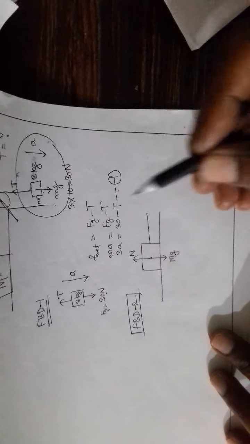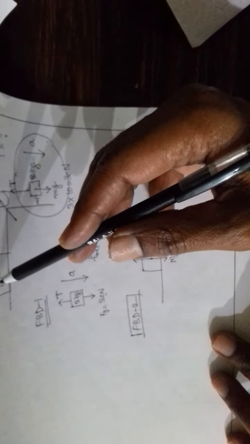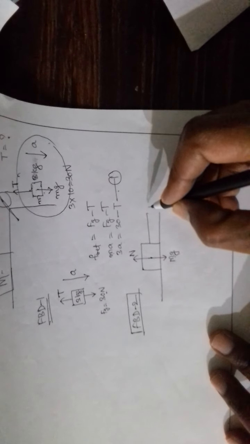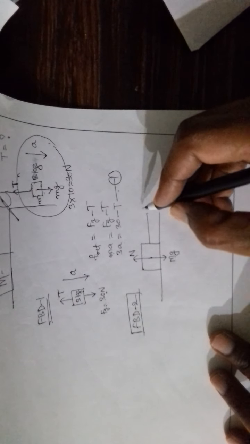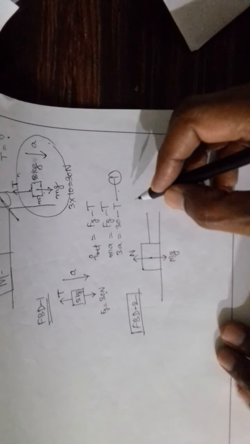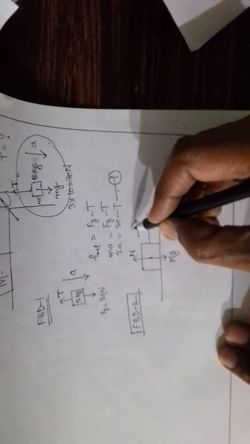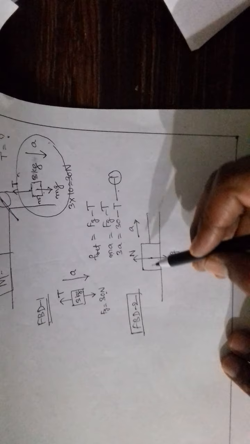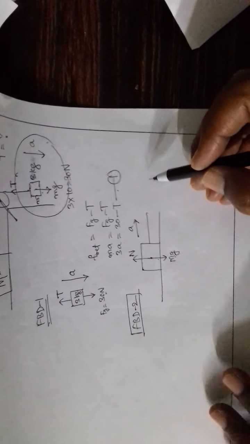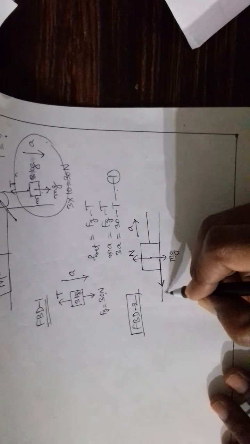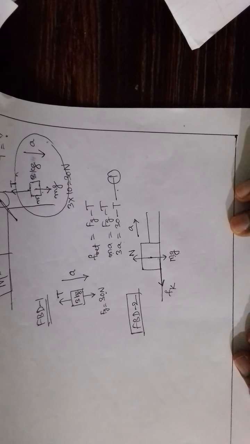Here the gravitational force is pulling the mass, so under its action our block is moving in this direction with some acceleration. Since it is moving to the right-hand side, frictional force acts to the left-hand side.